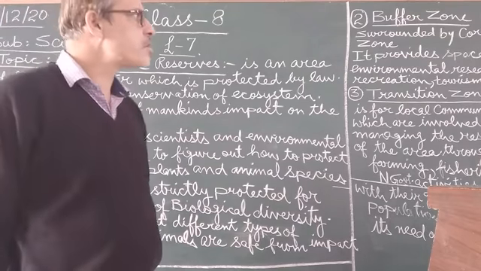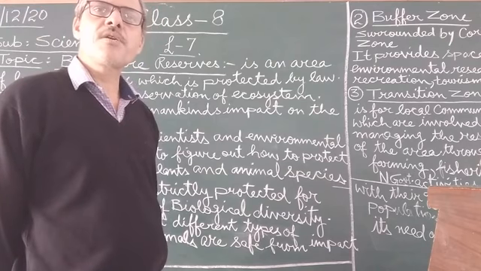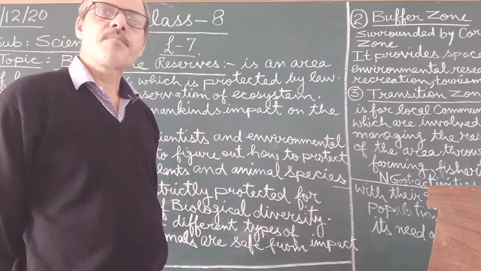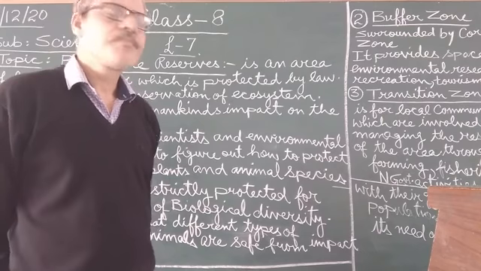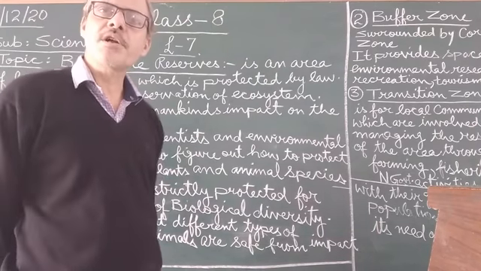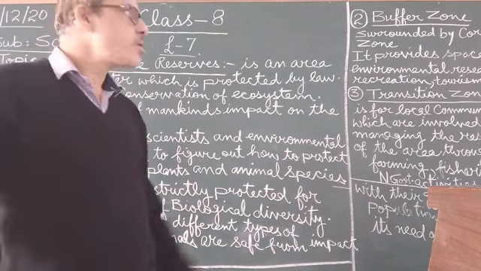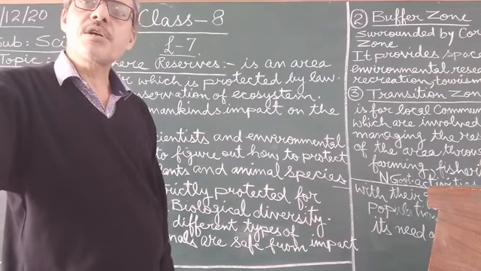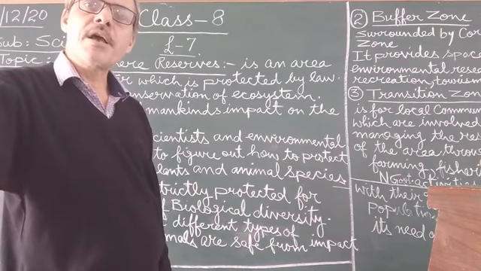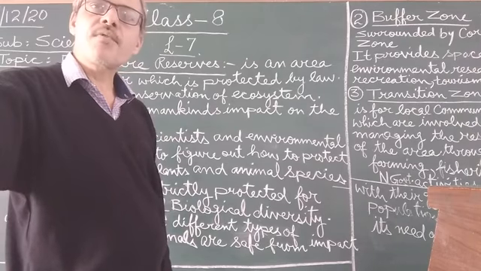It is providing space to those people who are doing research in the field of environment; people who are doing study related to the environment are called environmentalists. So this buffer zone is providing them a good place for doing their research related to the environment, as well as a good place for recreation and for the purpose of tourism.